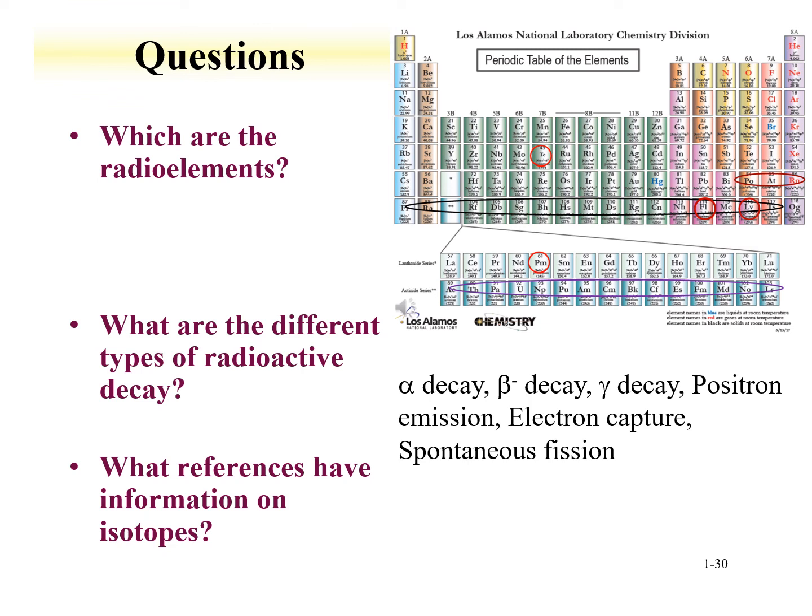And finally, you should have an idea of what are suitable references for information on the isotopes. Good references that we've discussed in this lecture include the chart of the nuclides, which shows information on each isotope, and the table of the isotopes, which provides detailed information including nuclear structure and information related to radioactive decay.